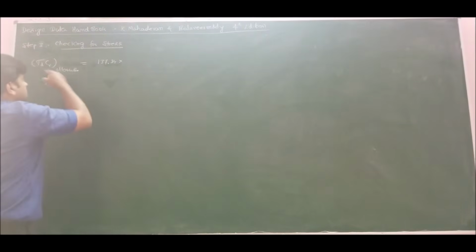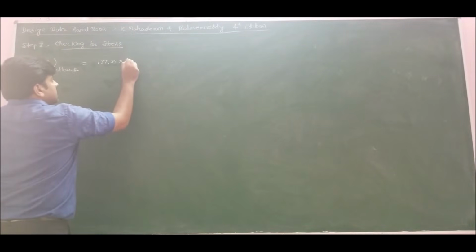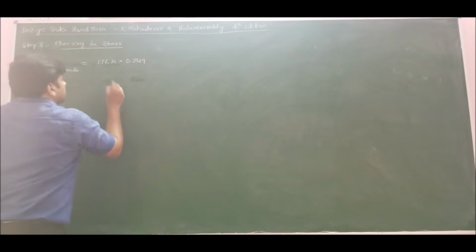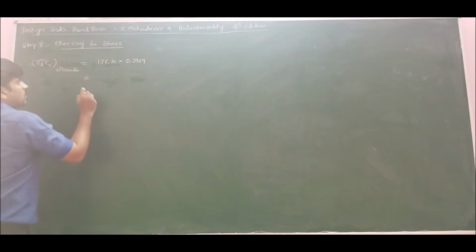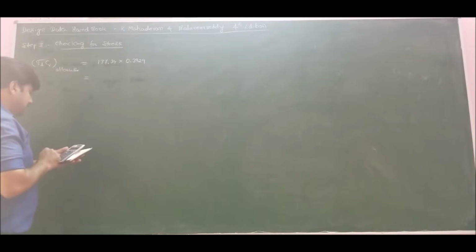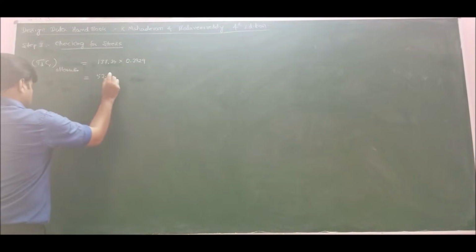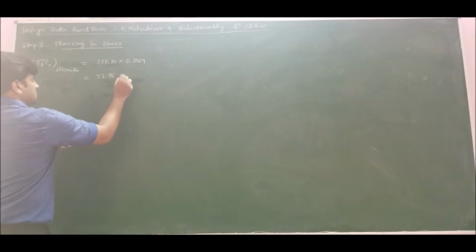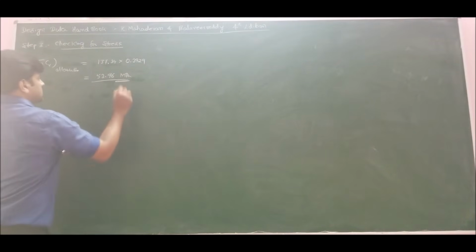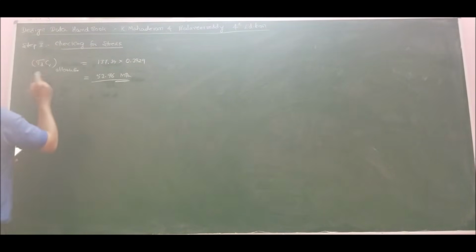For 10 millimeters, the CV which I calculated in step 2 is 0.3929. If I substitute and calculate, 137.34 into 0.3929 yields us 53.96 megapascals.